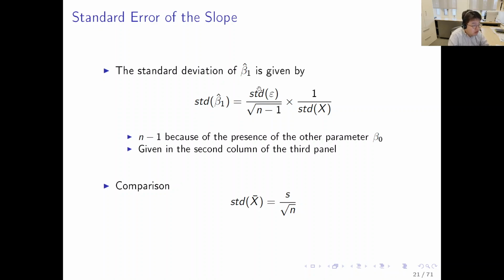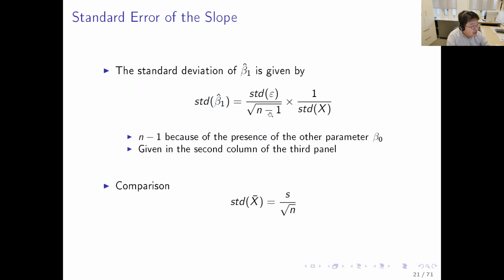So in particular, the formula goes like this. This part, standard deviation of epsilon, is what we just calculated. This is the standard error of the regression. And if you think about this, x bar is an estimator for the mean, and it looked like this, standard deviation divided by square root of n, and this is similar to that.